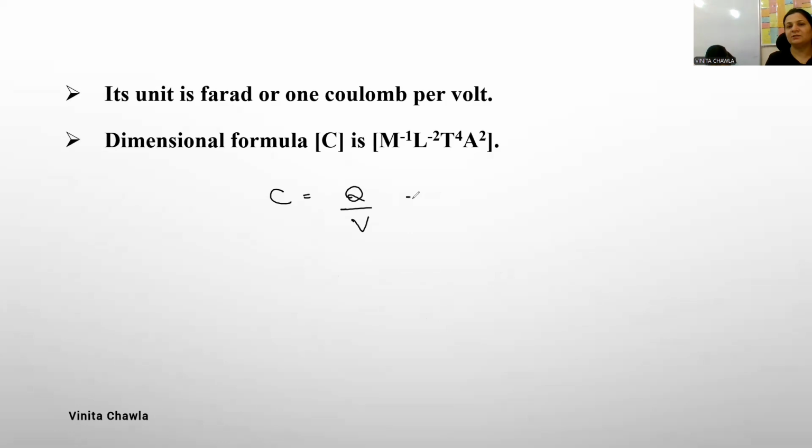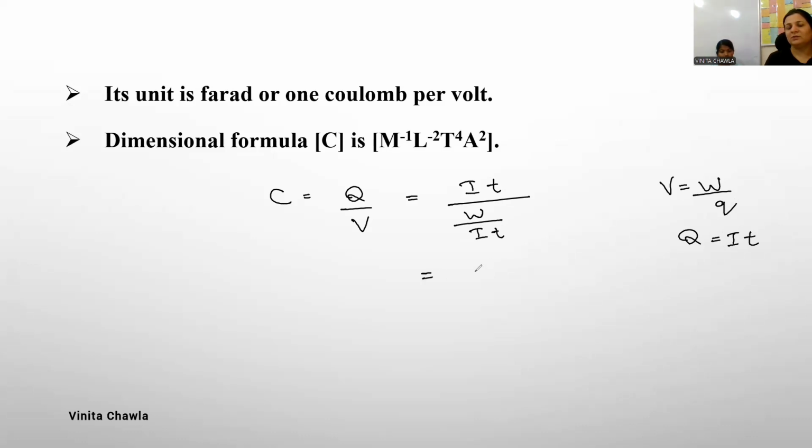Okay, and this charge can be written as IT. And what is this V? This is work done per unit charge, or we can write work upon IT. है ना? Work done per unit charge. Na? V is W by Q, and Q is equal to IT. So when you'll put these values, these expressions here, what will you get?